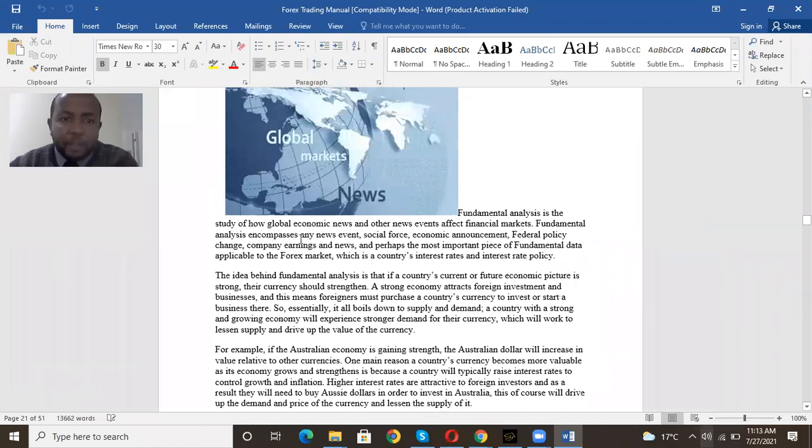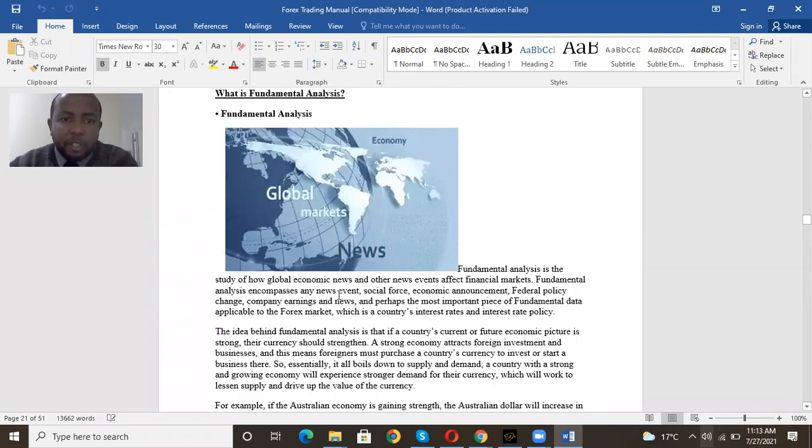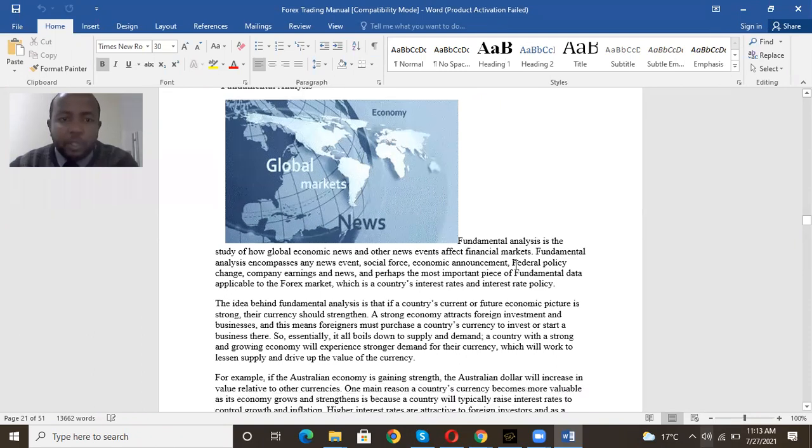It encompasses any news event, social force, economic announcement, federal policy change, or company earnings. Tomorrow we are having FOMC, which will be a big day for the dollar, the federal rates and the interest rates. That's why we have to do this class today, because tomorrow there will be big news. Tomorrow is Wednesday, and there's also Thursday. We're also having earnings for European banks this week. I had sent it on WhatsApp, guys.